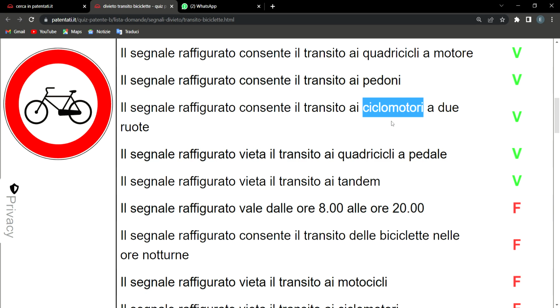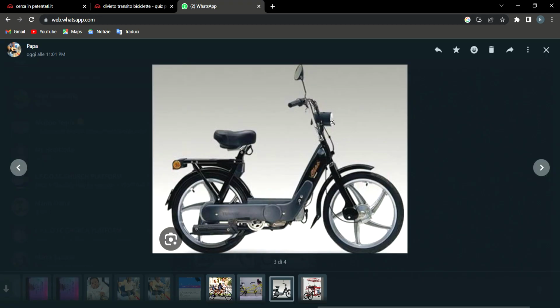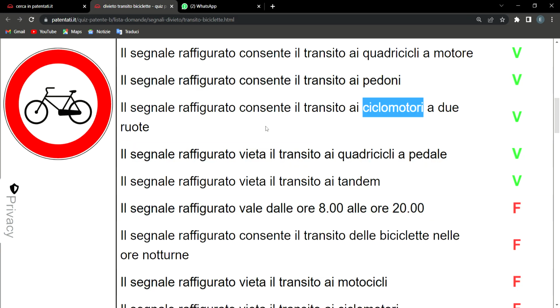But the engine does not supersede 50. So that is the reason why it's not classified as a motorbike. This is an example of ciclomotore. You can see it here. It's more like a bicycle that has an engine, but the engine does not supersede 50. So that is for that, and that is the reason why that one is vero.